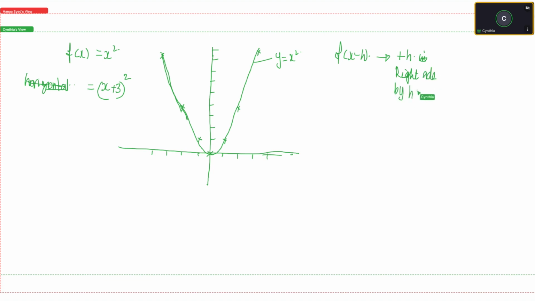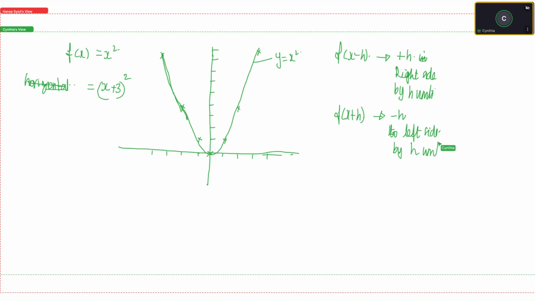If it is f of x plus h, the basic translation comes with a negative sign, so you need to write it as minus h. That means it goes to the left side by h units.